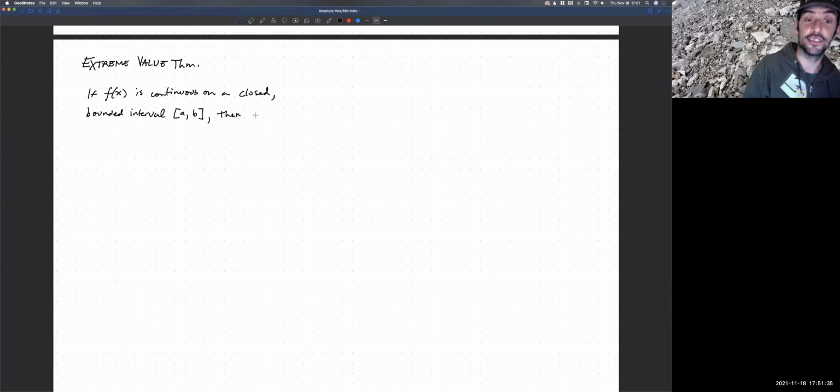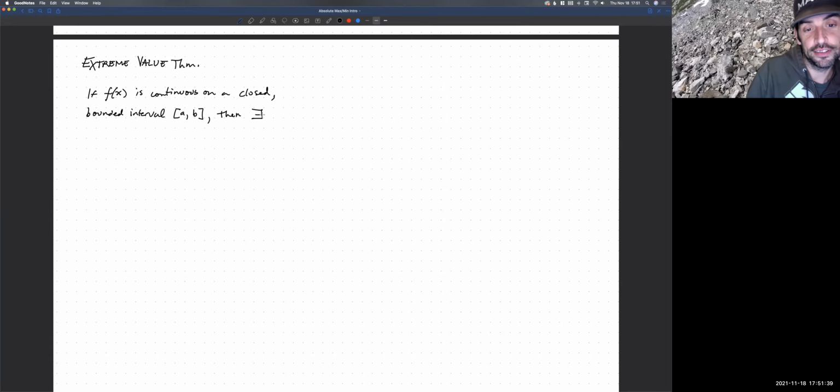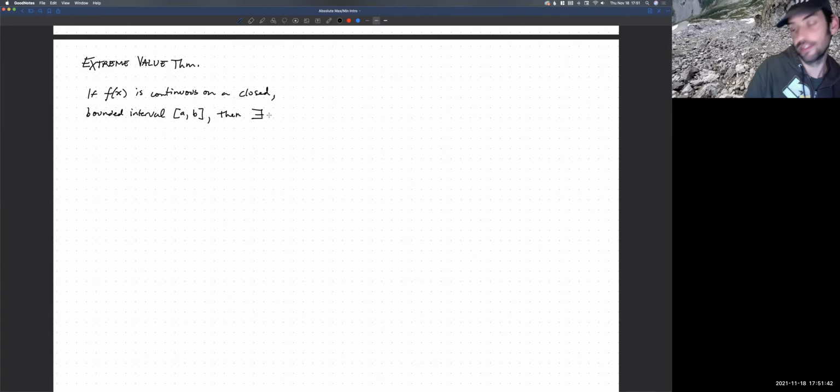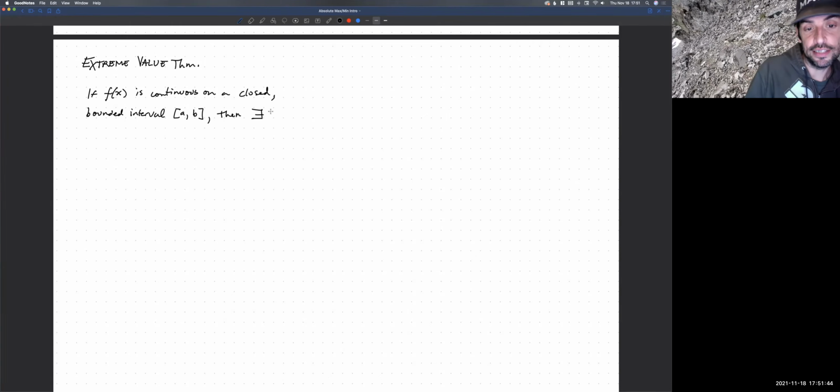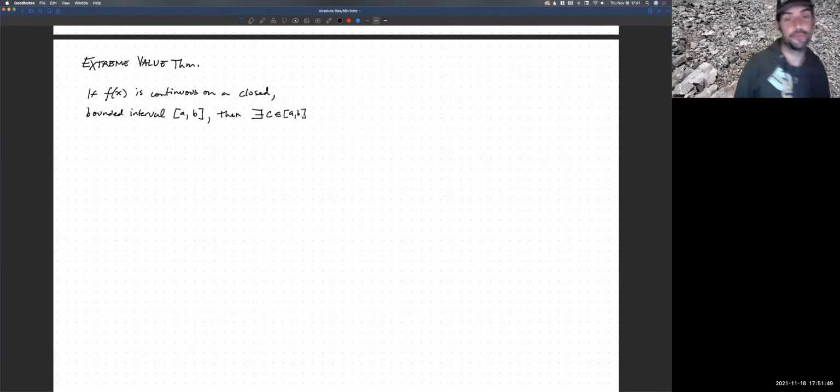We're going to say there exists. There's a symbol for this. There exists, this backwards E tells me there exists a point C in the interval. So there's some fun symbols.